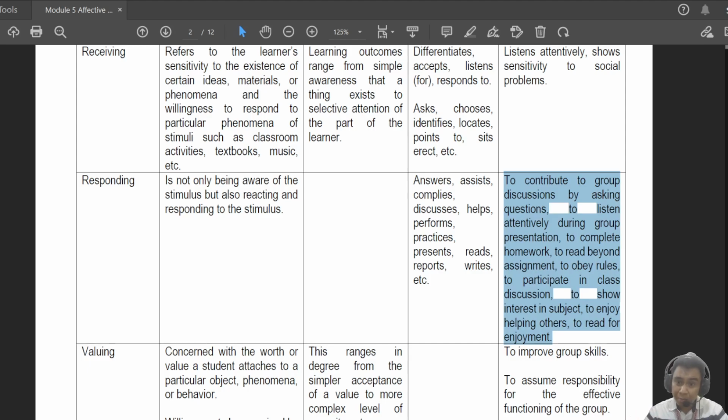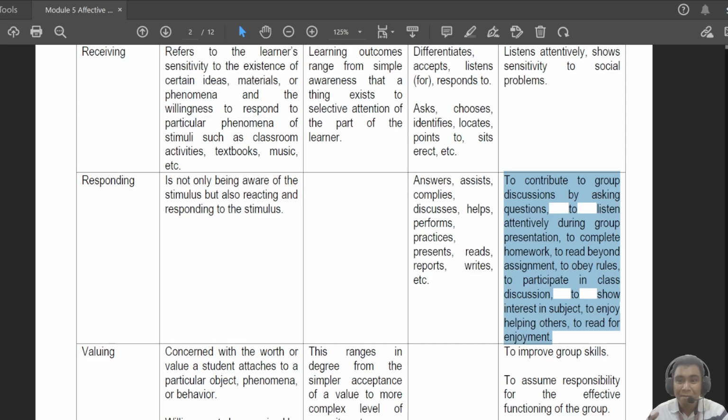Because when they respond, at the very least, the level shown is responding. When they contribute to a group activity, that is at the very least already responding.